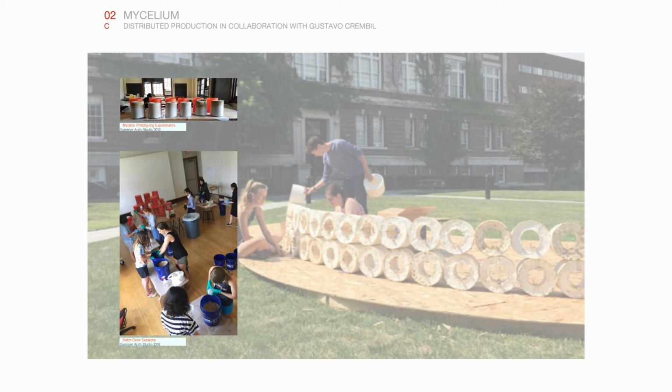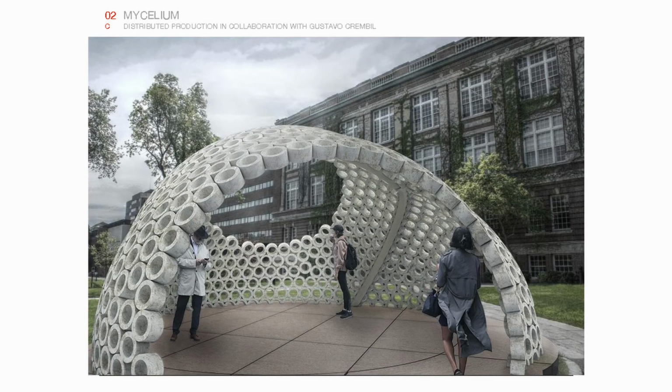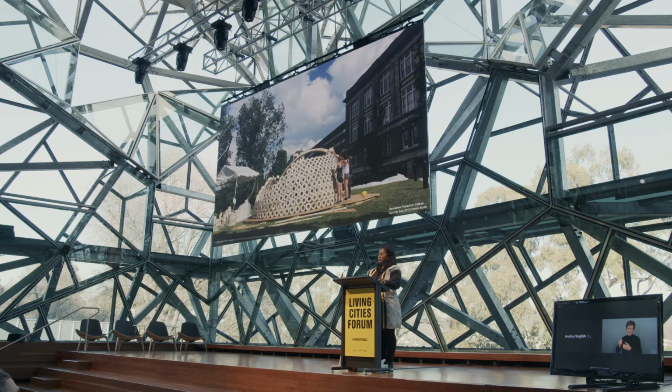And they've licensed to other companies around the world to really cut down the carbon footprint of shipping these inoculated agricultural waste to building sites. So one way is obviously to work directly with them and get the substrates that are inoculated with their proprietary mycelium strain. And we did this in our studio at the School of Architecture at RPI with a colleague, Gustavo Krembel, to grow domes and large-scale structures right outside of our building.